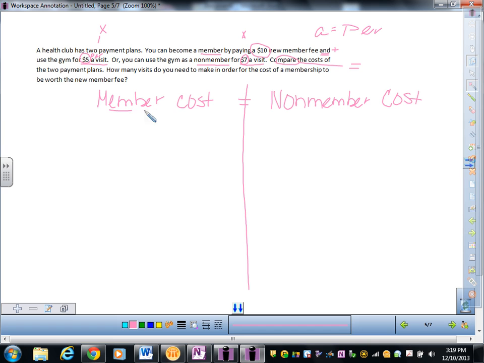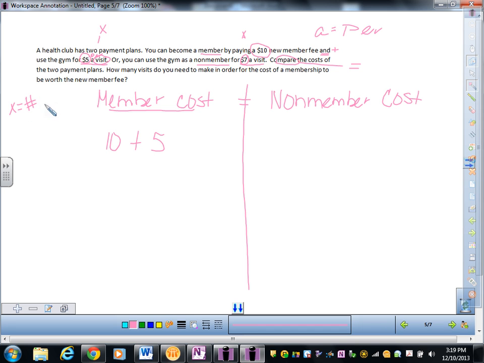So the member cost is, we said it's $10, and, which is plus, $5 per visit. And per means we're going to multiply something, and we don't know how many visits we're making. So the unknown is x. We're going to use that variable, and we need to know how many visits.